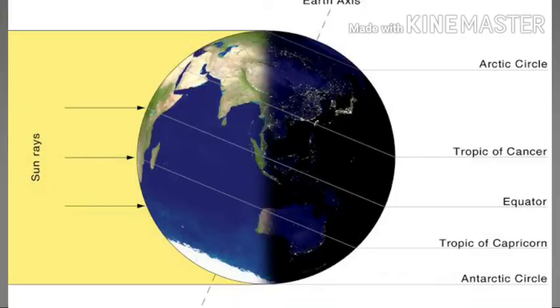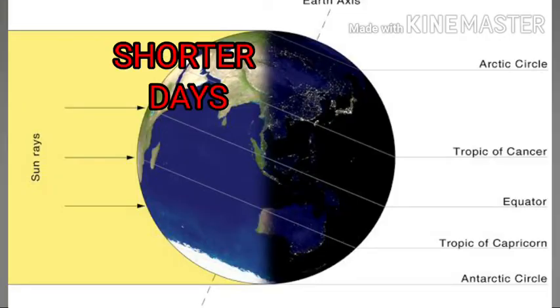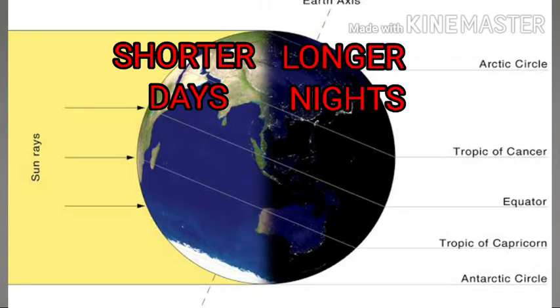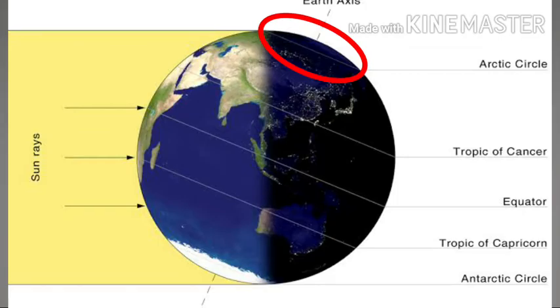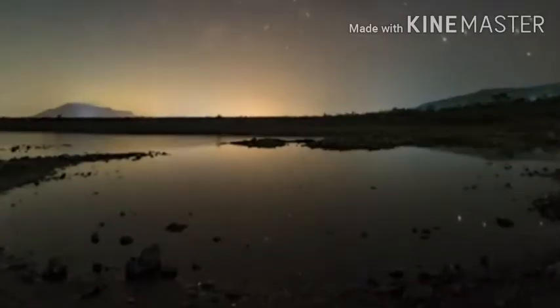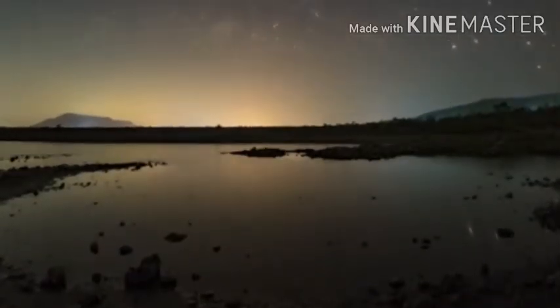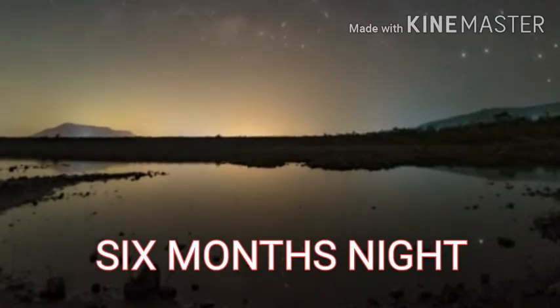Similarly, the condition is totally opposite in the northern hemisphere. During this time the northern hemisphere is away from the Sun. That's why the duration of day is shorter and night is longer, and the North Pole has continuous night for 6 months.